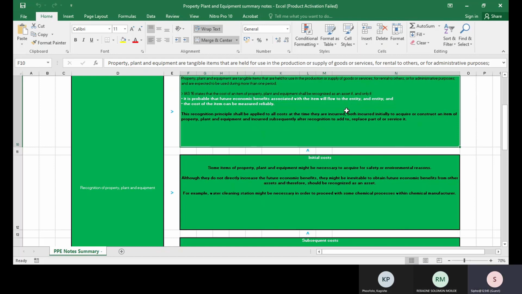Solomon, I want you to apply your mind, because the reason why I'm doing this deliberately is like I'm putting you in an exam scenario. So apply your mind. The cost of an item can be measured reliably. What can trigger you to say that this cost, I can measure it reliably? What source document?